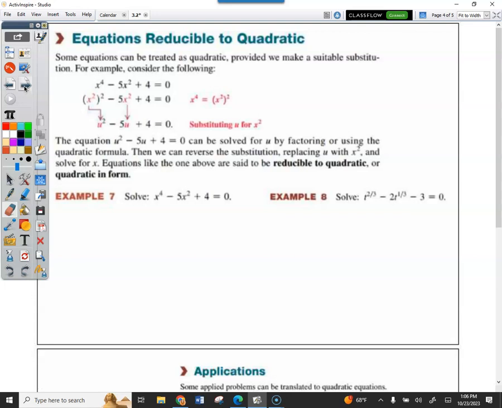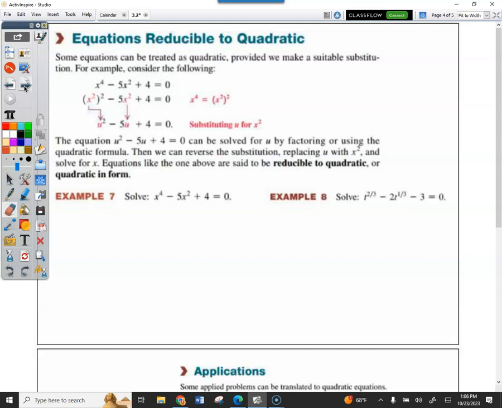Everybody wake up. x to the 4th minus 5x squared plus 4 equals 0. What type of polynomial is that? What's the degree? 4. It's the degree to the 4th power, which means it's a quartic, right? What have we been solving in our notes? Quadratics, which are degree 2.